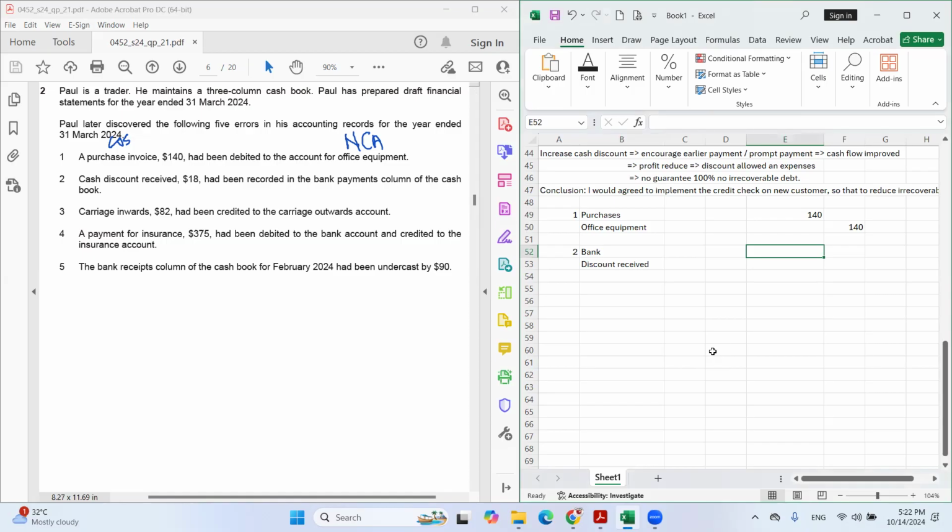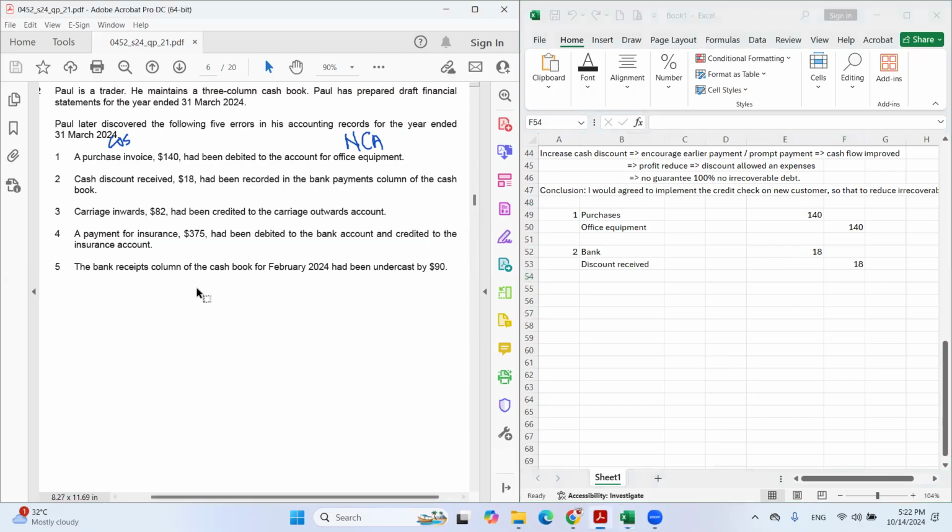So this one is 18, because they say that cash discount received 18 has been recorded in the bank payment column of the cash book. So this one we need to, let me see first.